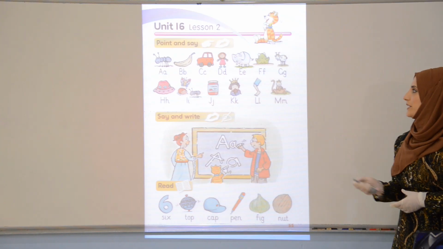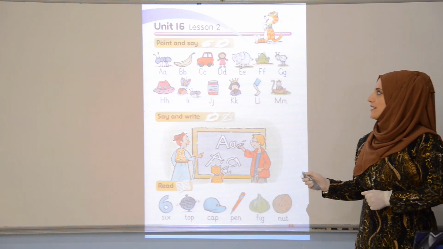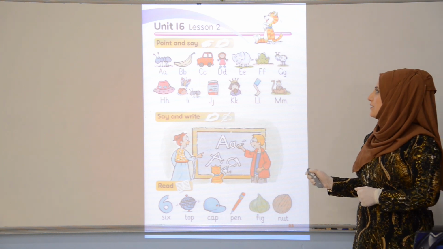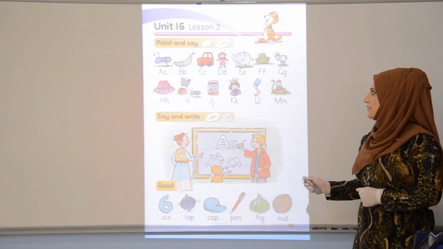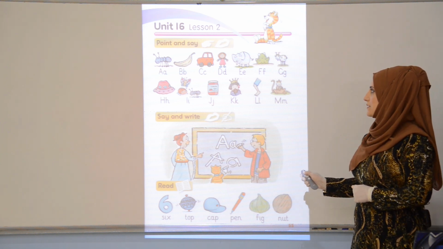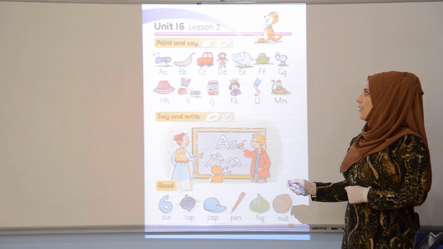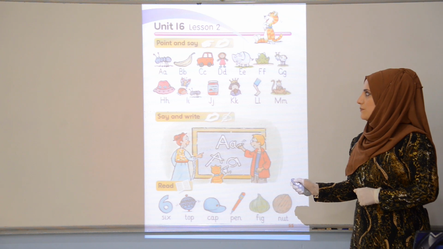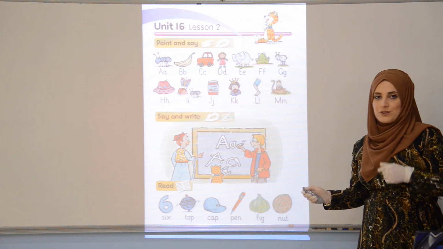Okay, student, now we have point and say. Look at the pictures and the letters, student. This picture starts from these letters, okay, student? Now, all of you, please point to the letters and the pictures and please say with me, okay?